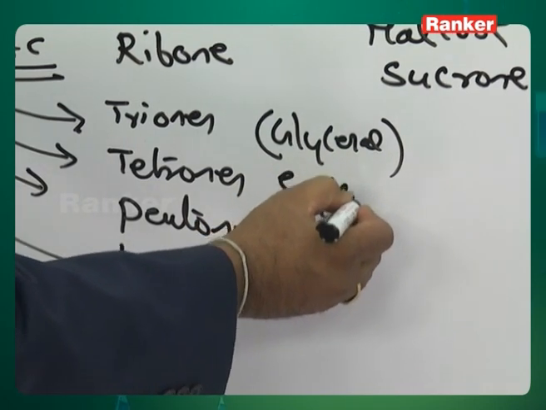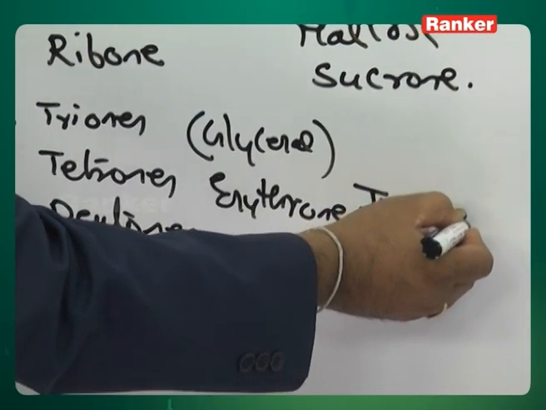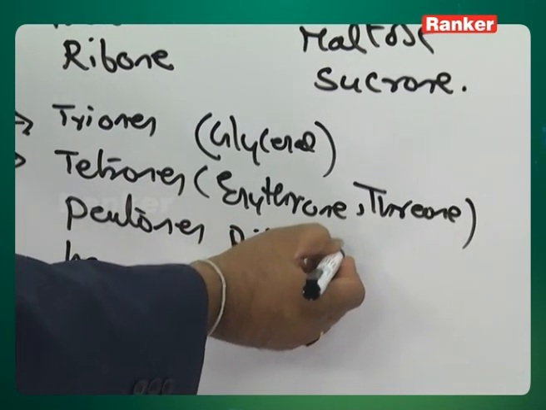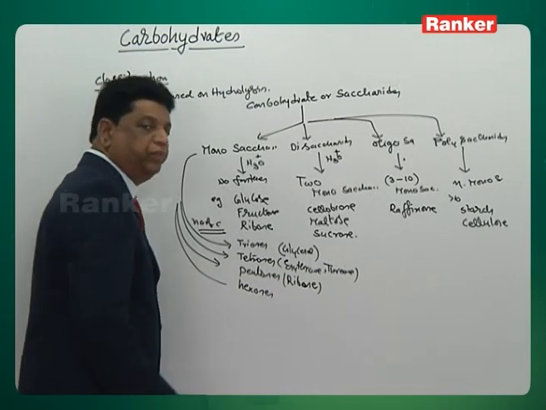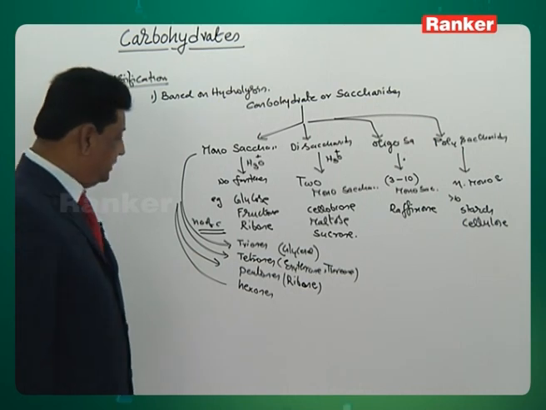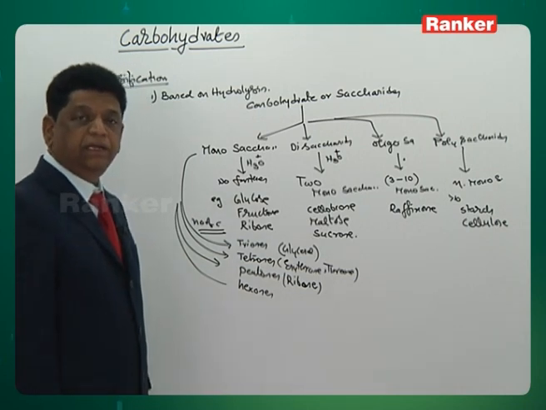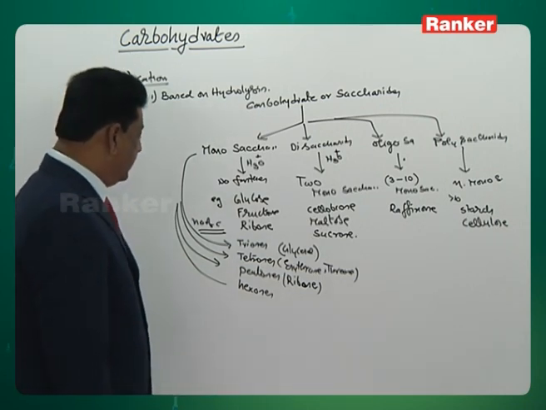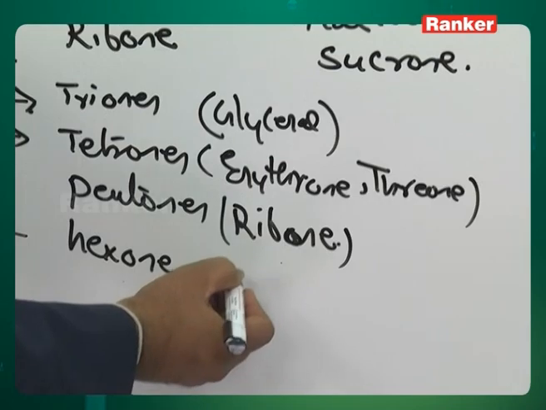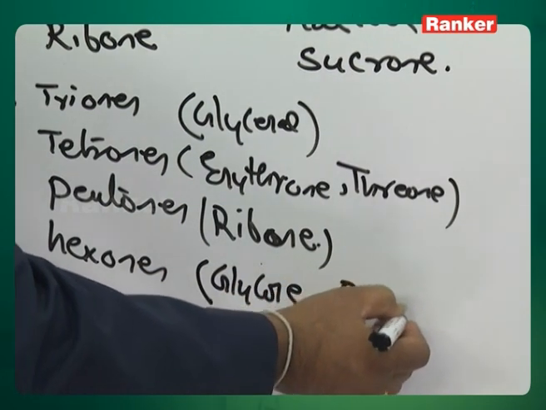Erythrose and threose are examples for the tetroses. For pentoses, ribose is a constituent of DNA and RNA. RNA contains polyribonucleic acid, and if the second carbon OH is missing, it is called 2-deoxyribonucleic acid, which is DNA. Both contain this 5-membered ring pentose. Under the hexoses, we have seen glucose and fructose.